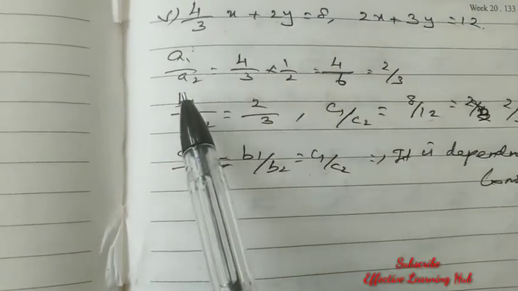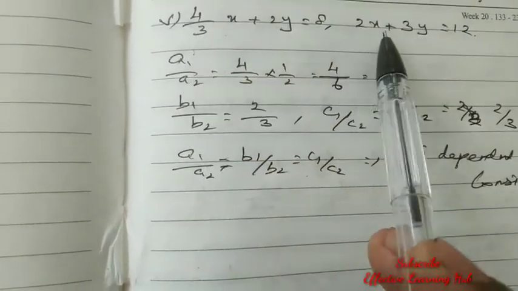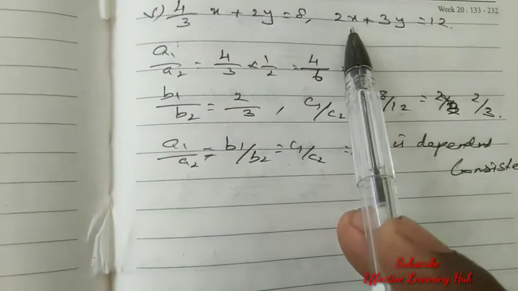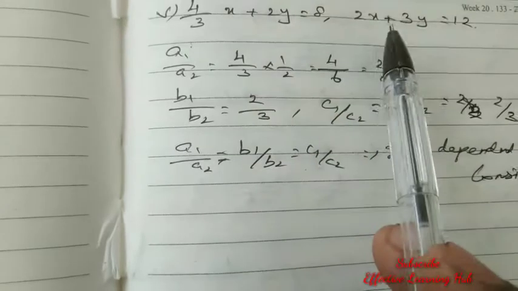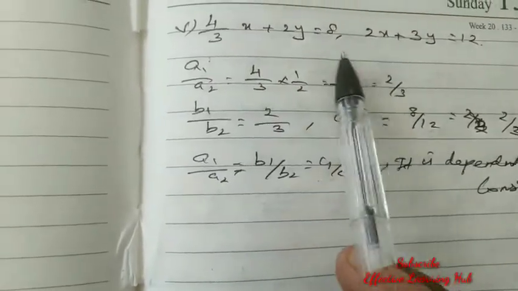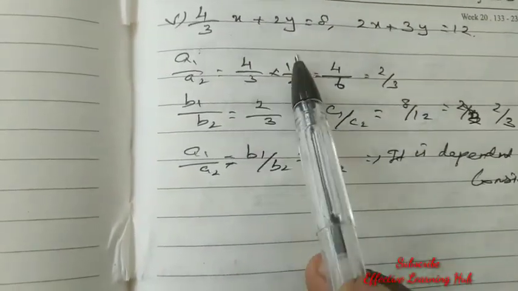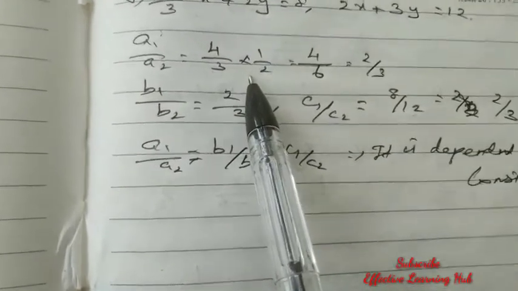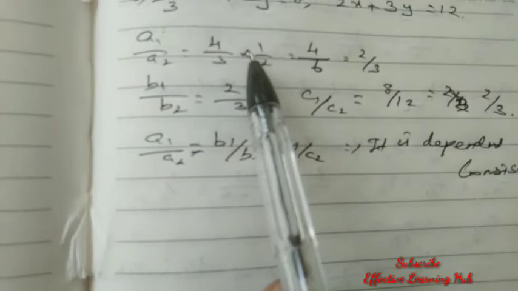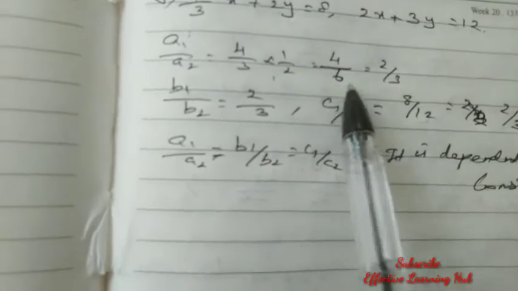First a1 divided by a2: 4 by 3 into 1 by 2. 4 1s are 4, 3 2s are 6, cut with the 2 table, 1 2s are 2, 2 2s are 4, 3 2s are 6, so 2 by 3.